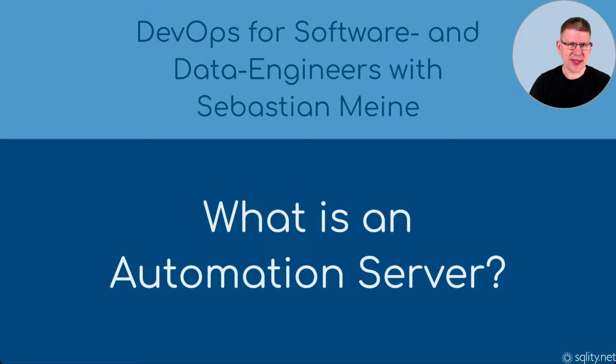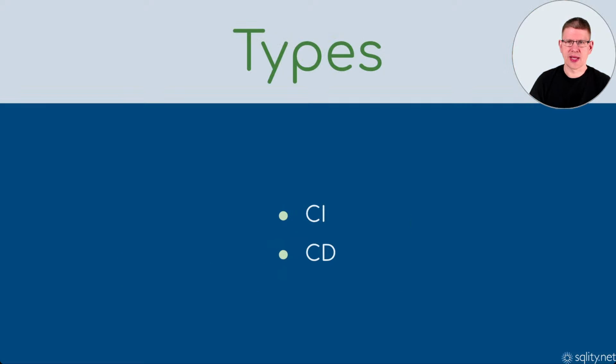And yeah, today I would like to look at the question, what is an automation server? There are two types of automation servers. You have one automation server in your CI pipeline, and if you implement one, you also have another automation server in your CD pipeline.